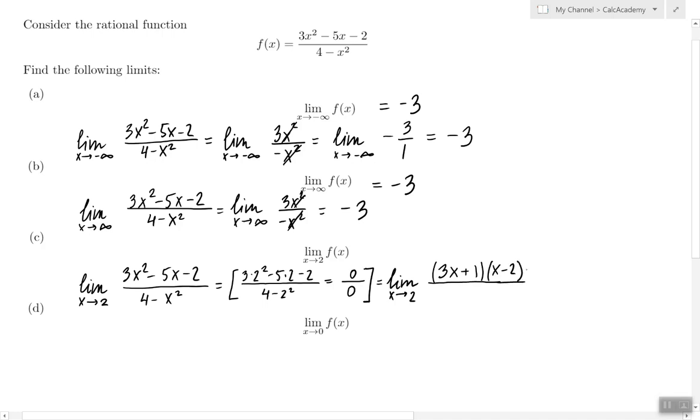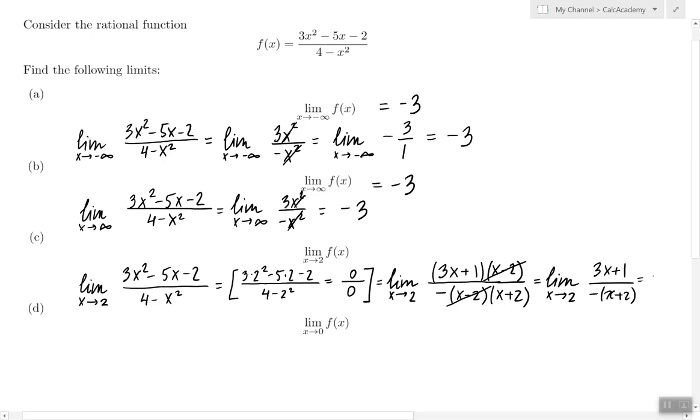So knowing that 2 makes it 0 helps us with the factoring of the polynomial. And the denominator we can factor by first taking out the negative and then factoring the difference of squares. And now we see why we had 0 over 0 behavior. And that's what's left after we remove the common factors.